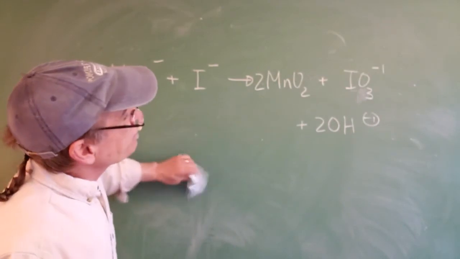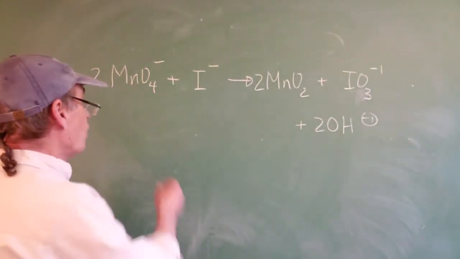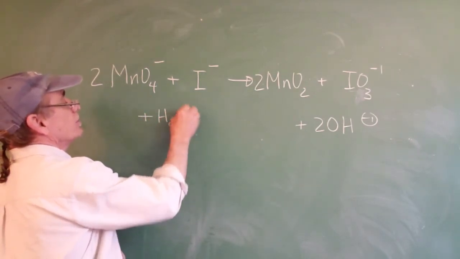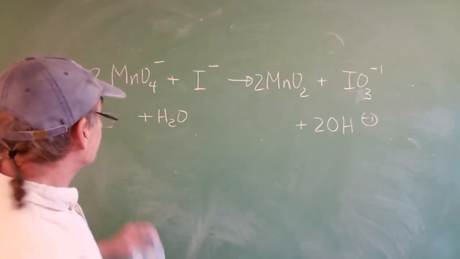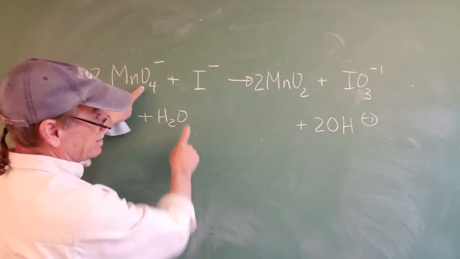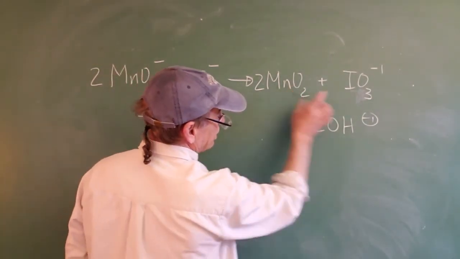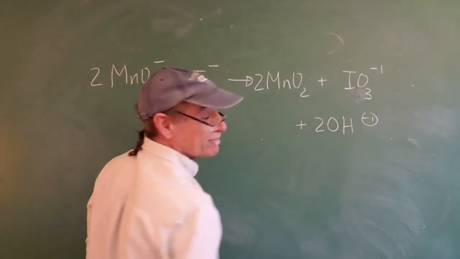Now, at that point, I've got 2 hydrogens on that side, none on this side, meaning 1 water molecule might do the trick. So let me put a water molecule over here and see if the oxygens are balanced. And again, they likely do. We've got 8 oxygens here. 1 more here makes 9. On the other side, I've got 4 right there, 3 more is 7, and those 2 are 9.